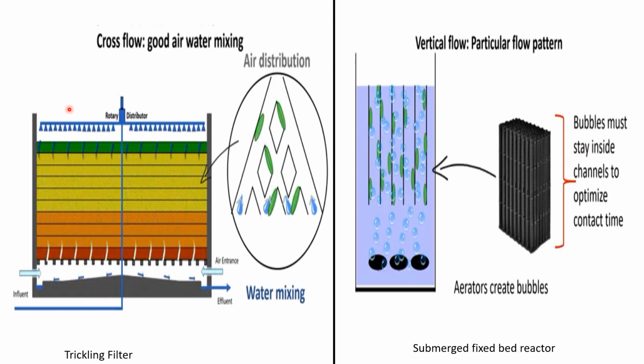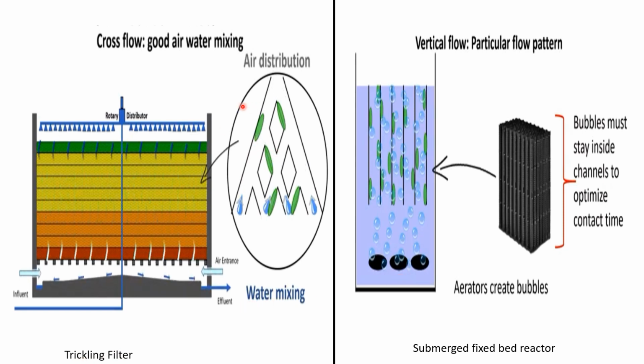Here we were talking about the structured materials. So they have cross flow or vertical flow. Cross flow is the one which is used mostly in wastewater treatment plants, that is in the trickling filters.